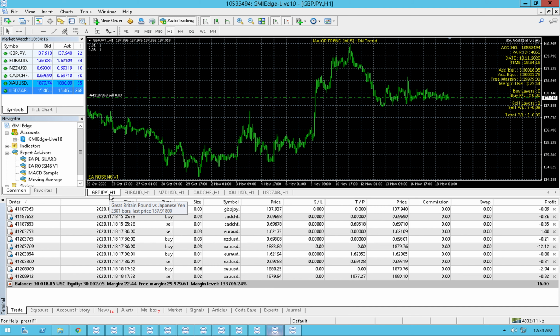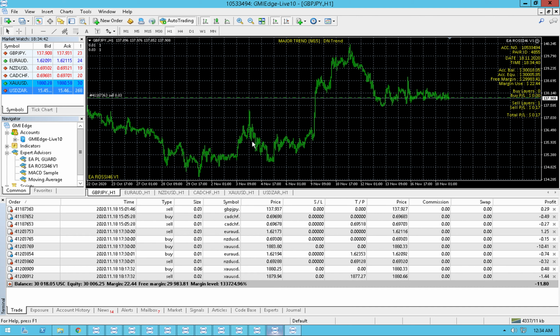But sometimes you can see, let's check, yep, in GJ, the sterling yen in a 15 minute time frame is showing a downtrend. So basically it will be selling, right? You can see that it is selling now because the EA is detecting that the trend is going down.